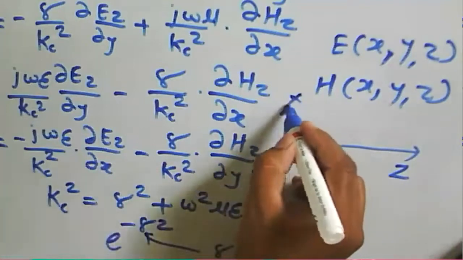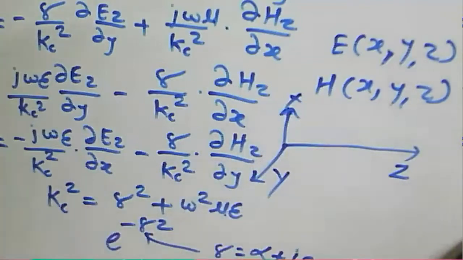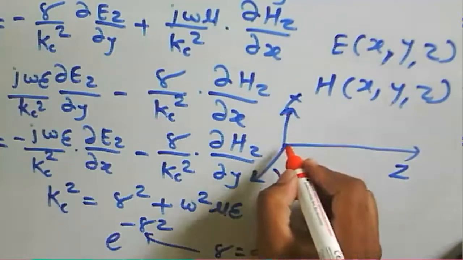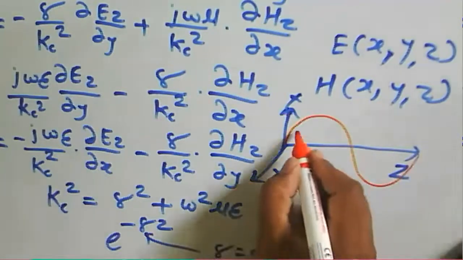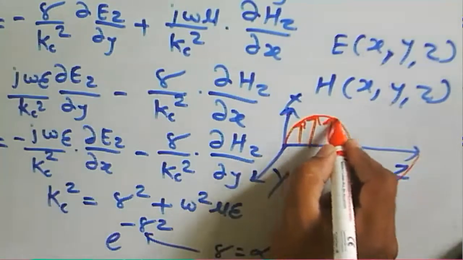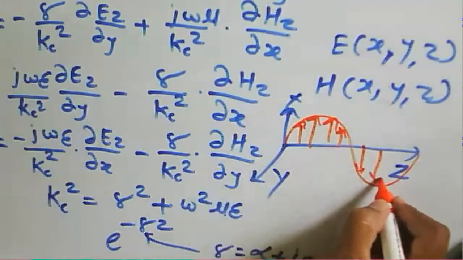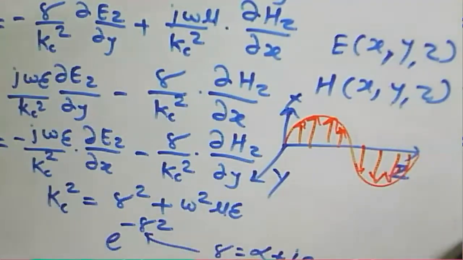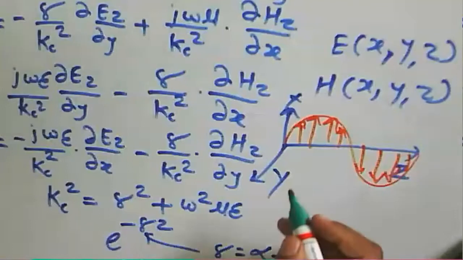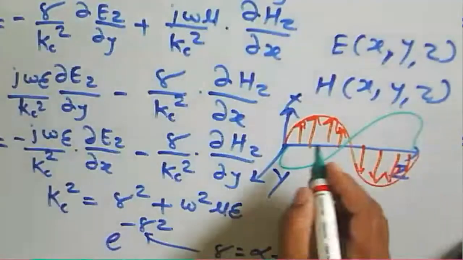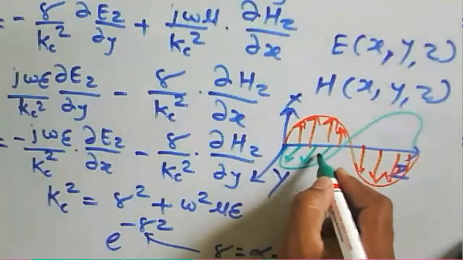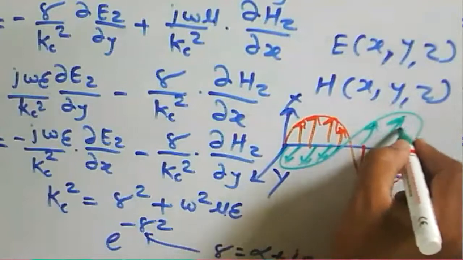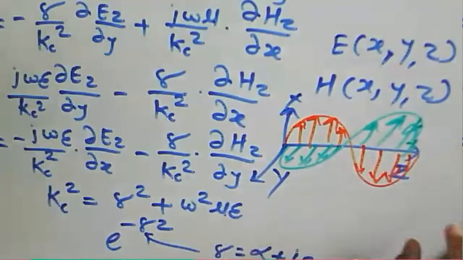And here we say this is x and this is y. So then we have the electric field vector component here, which is Ex, and we have the magnetic field component, which from this waveform is the Hy component.